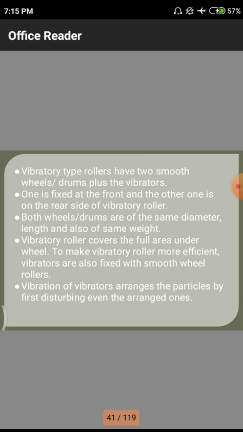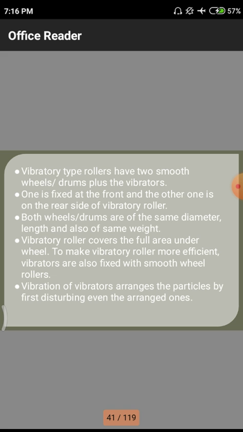Third one, both wheels of the drum are of the same diameter. That means normally in tractors and others we are having different diameters of the wheels. To densify a particular soil, we are having different kinds of rollers. First of all, we are having different diameters. That means the front tire is very small compared to the back tires. Those types are also seen. For those particular rollers, there is no vibration, only there will be weight.